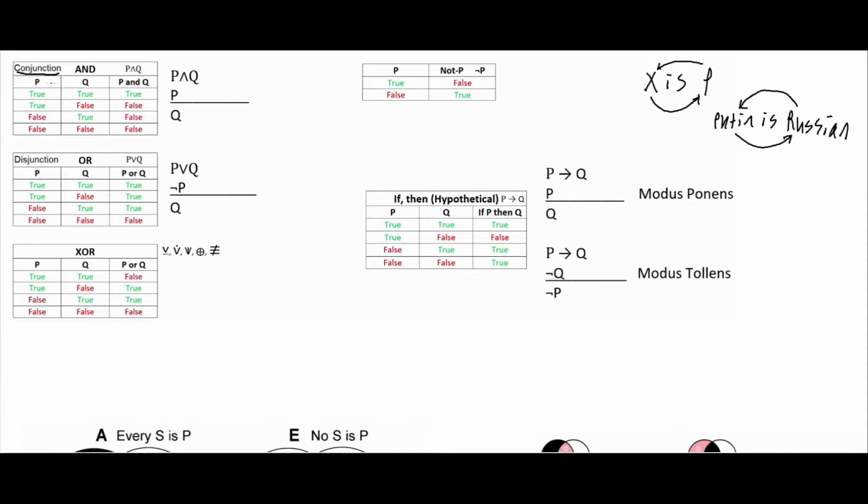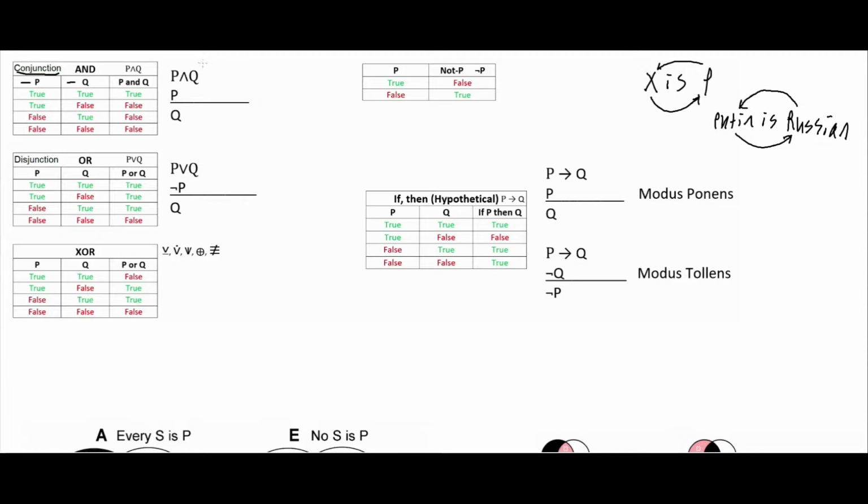We have a proposition P and a proposition Q. If both P and Q are true, then so is the conjunction, the proposition P and Q, the combining of those two propositions. Anything else is false. If P is true but Q is false, or the other way around, then the conjunction is false. And if both of them are false, then the whole thing is false.